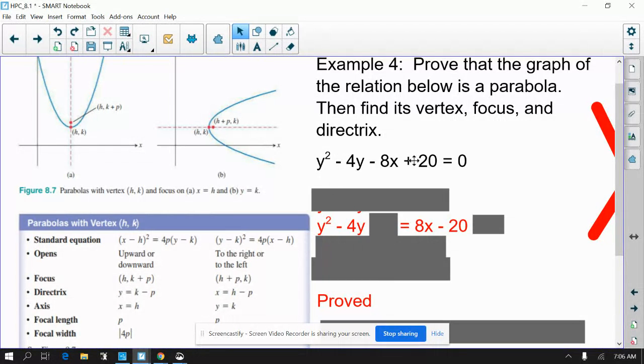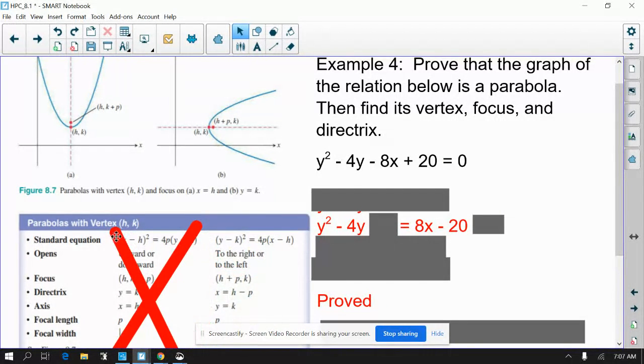All right. So first of all, I have to prove that this is a graph of a parabola, which essentially means taking this equation and making it look like one of these two standard equations. If I can make this look like this while following all the rules of algebra that we know, then I proved it. Now, which one is it? Is it one facing up or down or facing left or right? Well, notice the y is squared, and that only occurs in the parabolas opening up left and right.